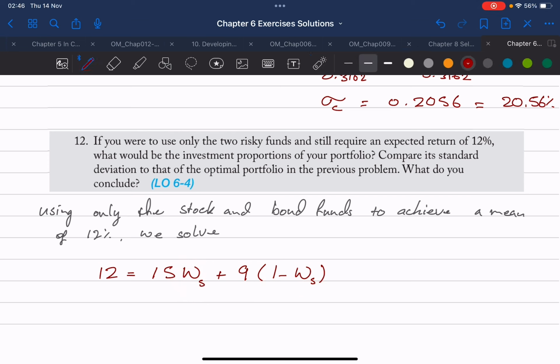And then we solve. We simplify this and solve for the weight of the stock component. Once we figure that out, we can find the allocation to the bond fund.